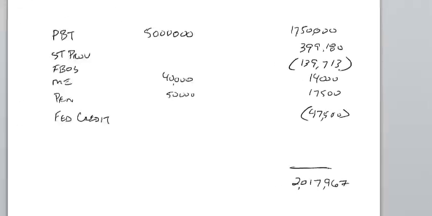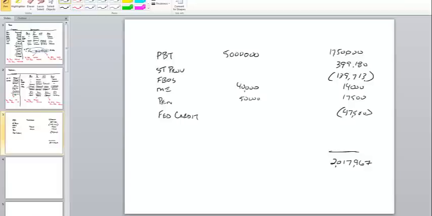Okay, so let's see, 399,180 minus 139,713. Okay, so that should be my rate rec, and let me just pause there so I can do some math for a second.